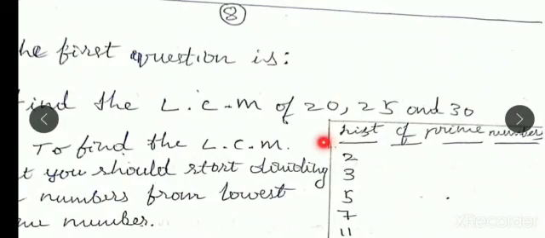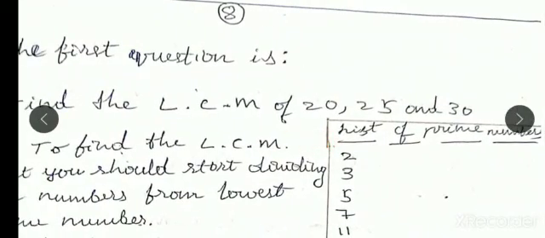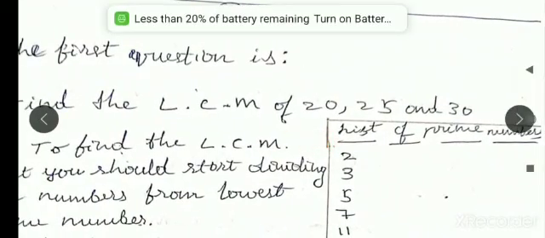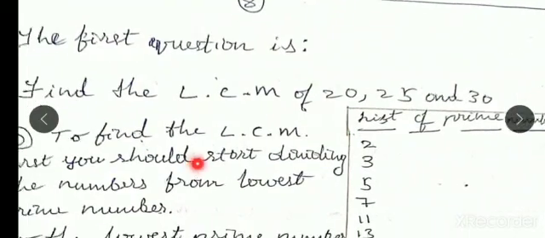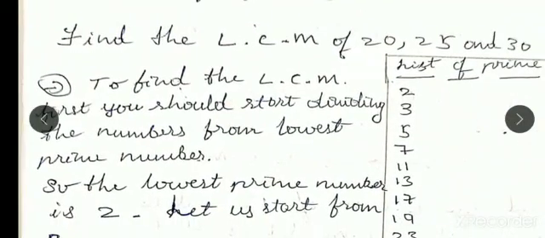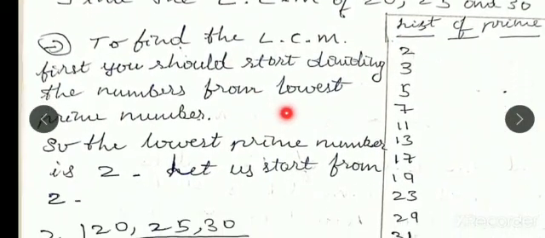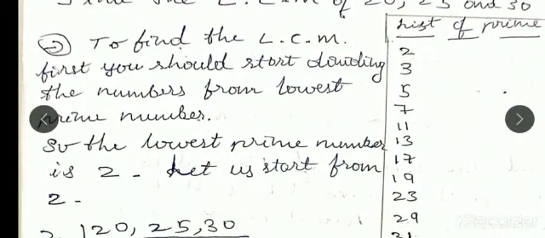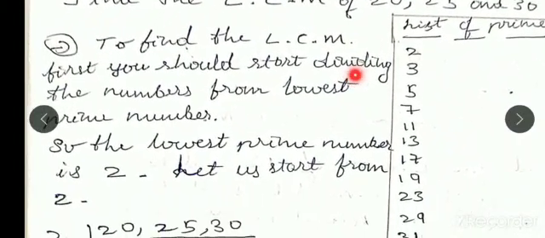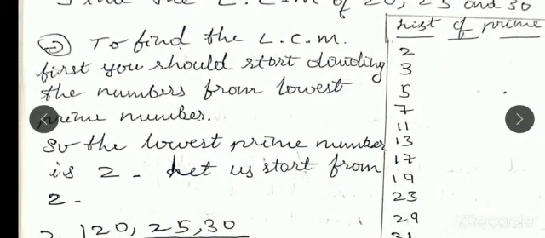Find the LCM of 20, 25 and 30. To find the LCM, first you should start dividing the numbers 20, 25 and 30 by the lowest prime number.